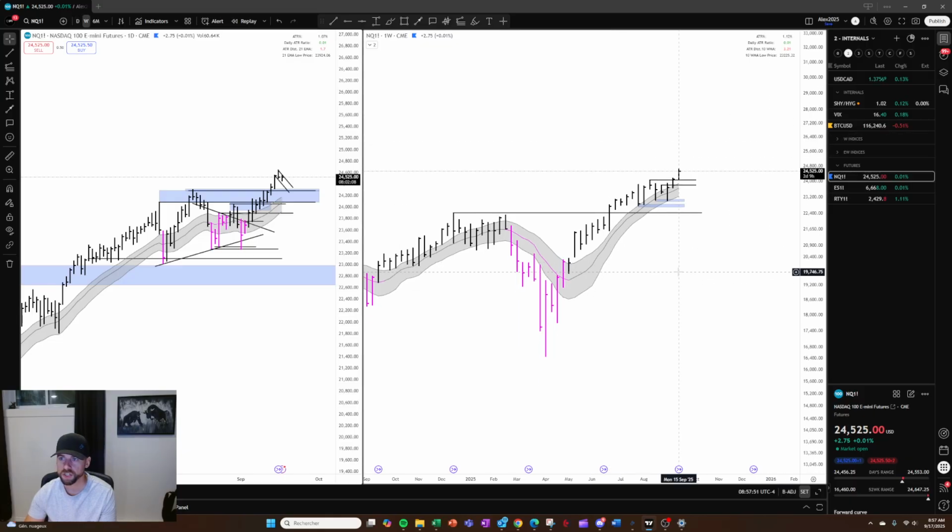That weekly chart, once again, is what I'm playing. Big base breakout, multi-week and month base breakout, and then we have that sideways consolidation as a continuation pattern, and we're breaking out into new highs.